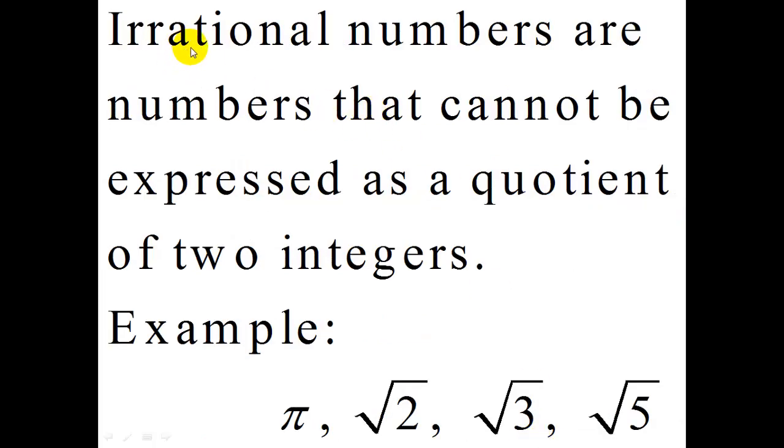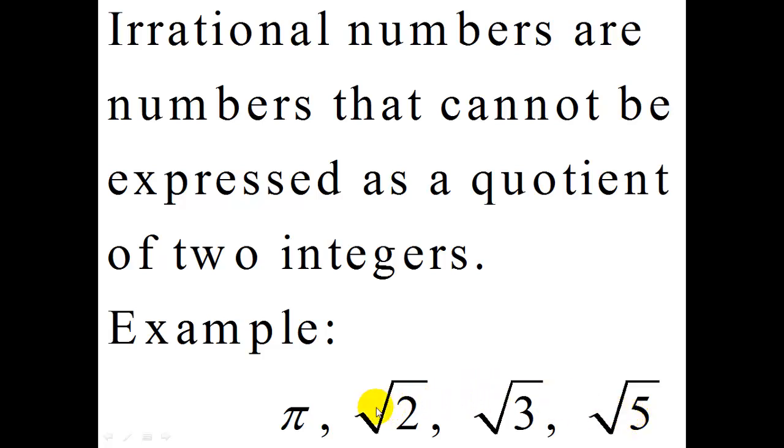Now let's look at irrational numbers. Irrational numbers are numbers that cannot be expressed as a quotient of 2 integers. It means that irrational numbers cannot be expressed as a fraction. Examples are pi, square root of 2, square root of 3, square root of 5.